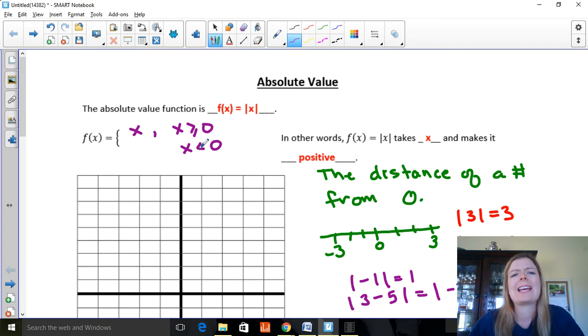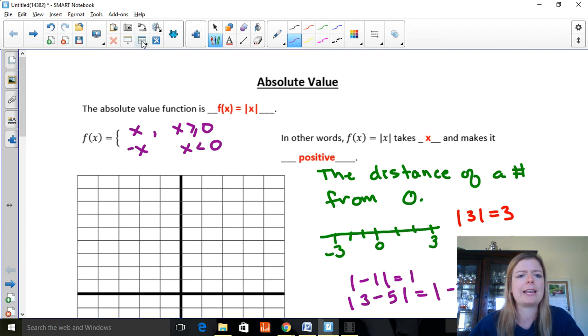So how does a negative number become positive? How can we go from -3 to +3? Well, the answer is multiplying it by -1. So if your x value is negative, then f(x) is actually -x, which turns it positive.